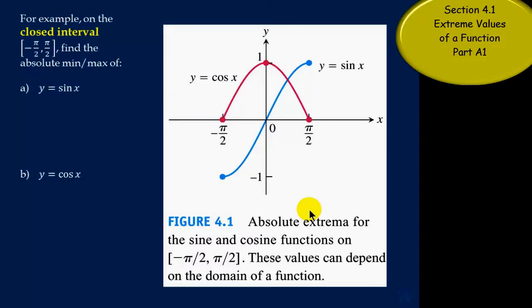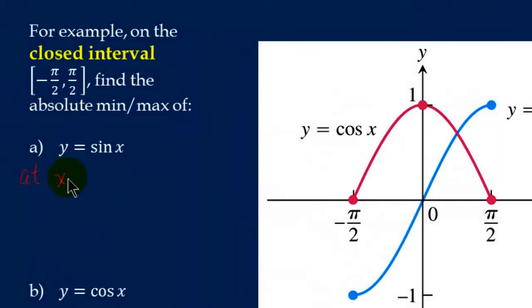Okay, for example, on a closed interval from minus pi over 2 to pi over 2, we are to find the absolute minimum and the absolute maximum of the function y equal to sine of x. Now, y equal to sine of x is the blue curve that goes from -1 to 1. So obviously, from the graph, we can see that at x equal to minus pi over 2, the sine of minus pi over 2 is -1.